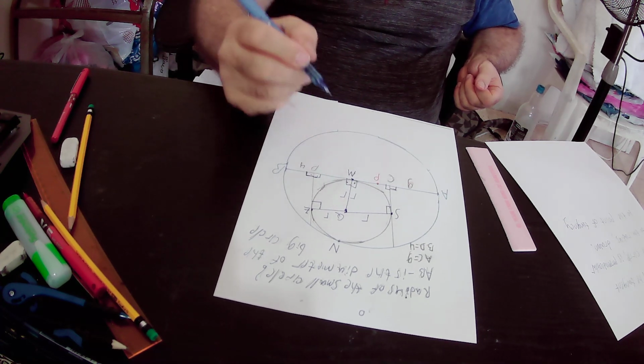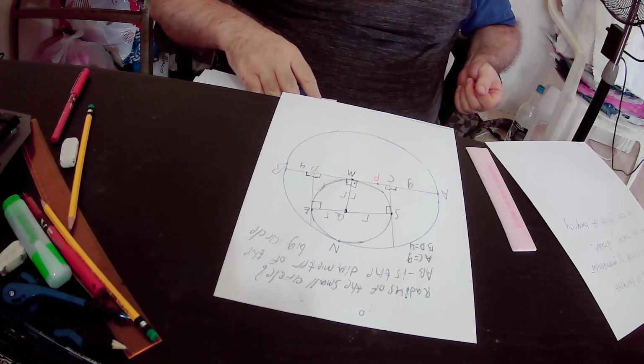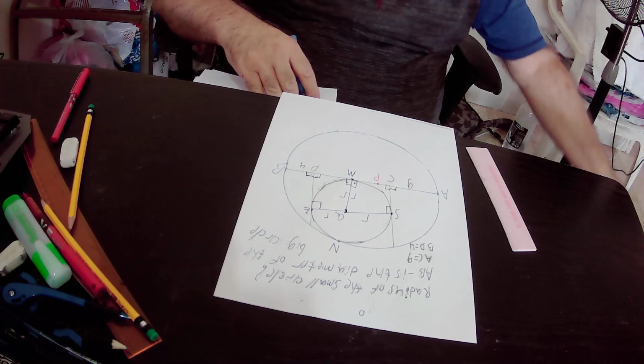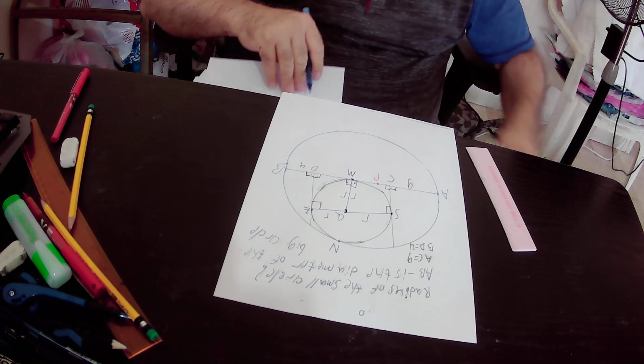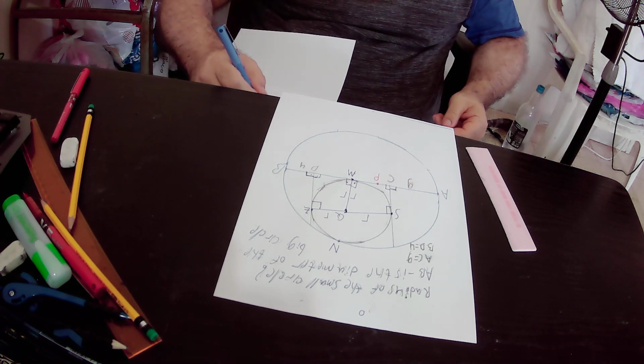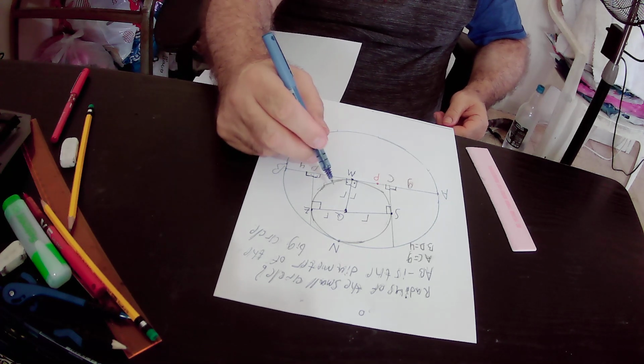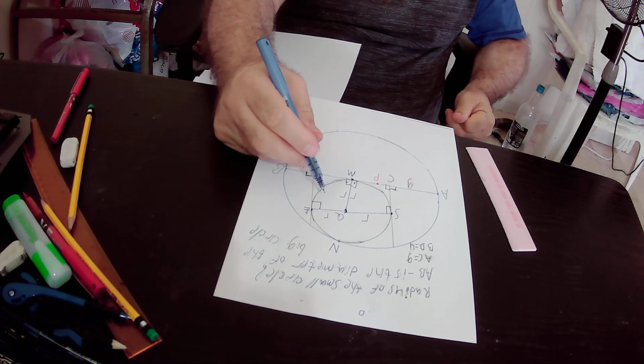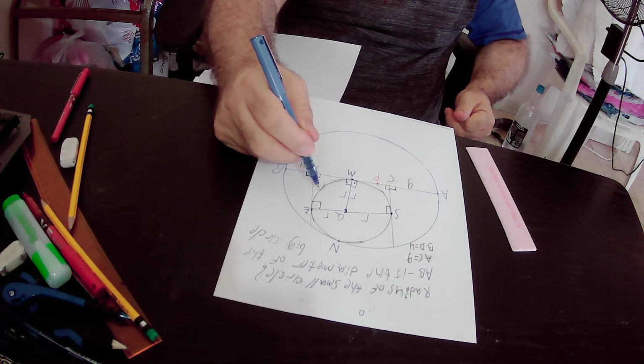Okay, so actually we have in the quadrilateral, in this quadrilateral, we have 4 angles that equal 90 degrees.